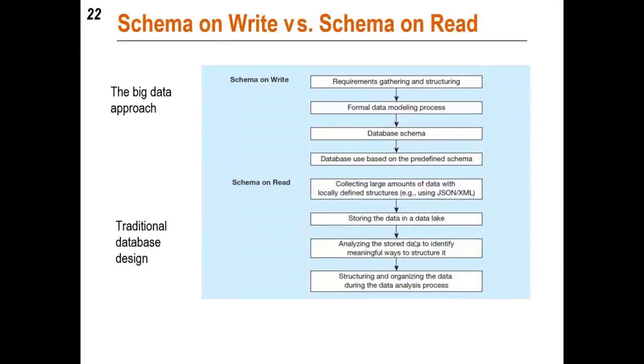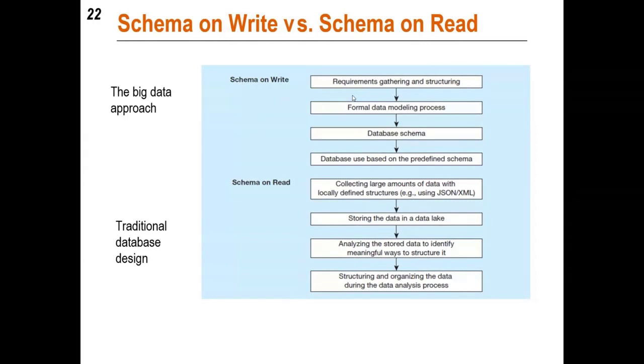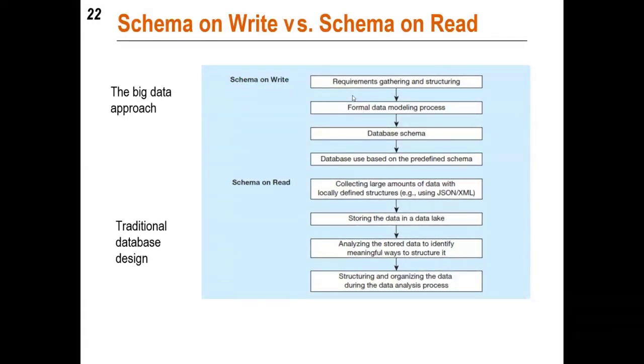In this slide, I explained the difference between schema on read and schema on write. As I mentioned before, with schema on write, we need to gather the requirements and structure how it looks, what context we are looking at, then we model it, develop the schema, and then enter the transactional data based on the schema.